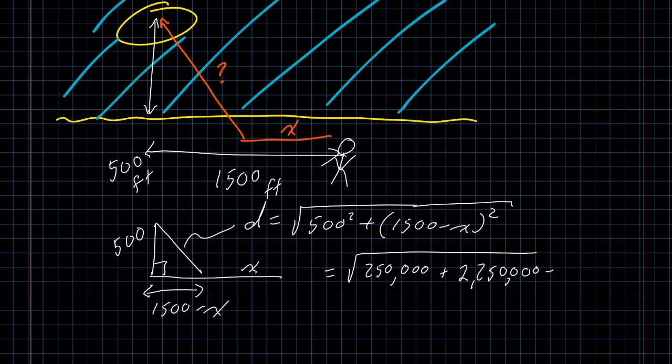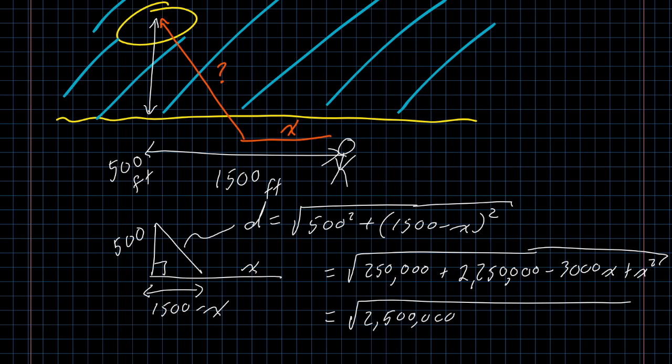And then we'll have minus 2 times 1,500, which is 3,000x, and we'll have a plus x squared. Combine some like terms.